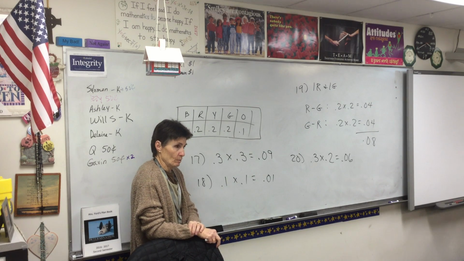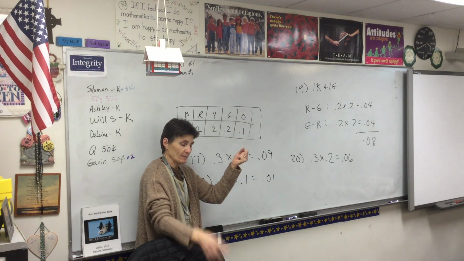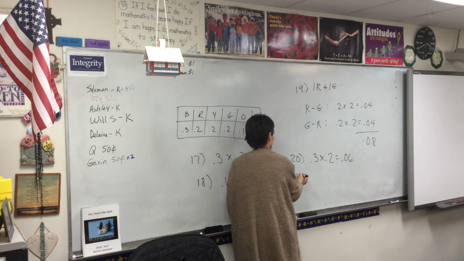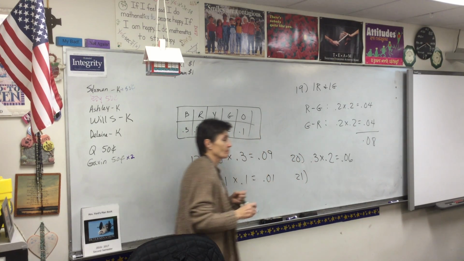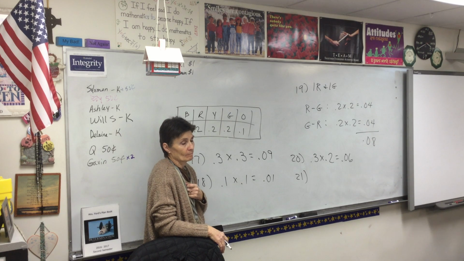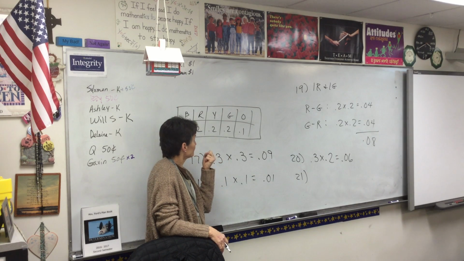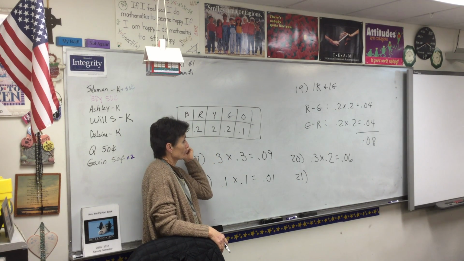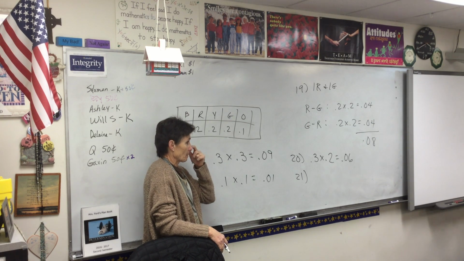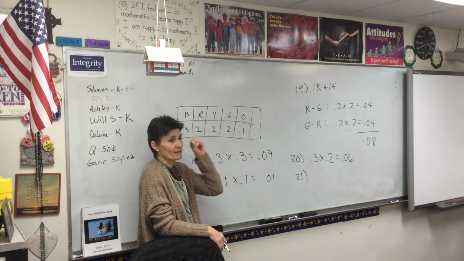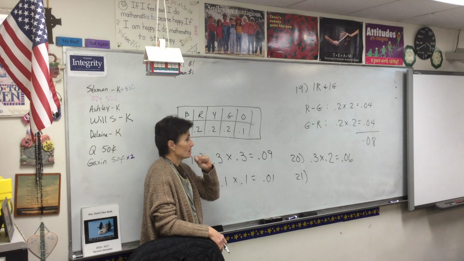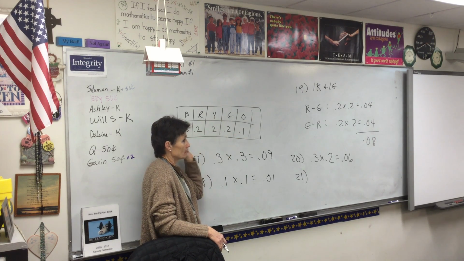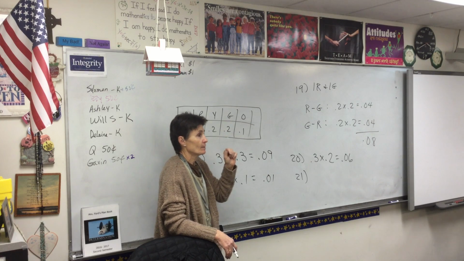Neither is yellow. Grab one out, grab another one out. Neither is yellow. All right, what's the probability I won't get a yellow one? Just pick one out. What's the probability it won't be yellow? 0.8.